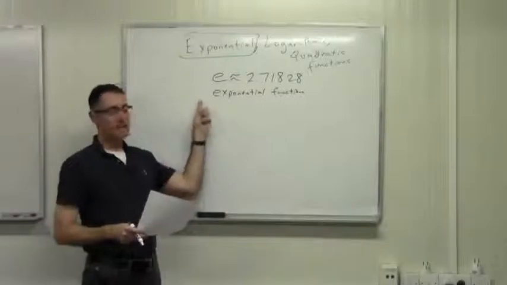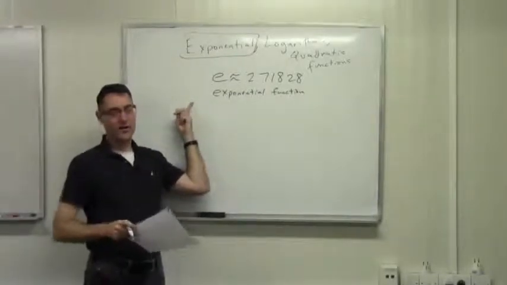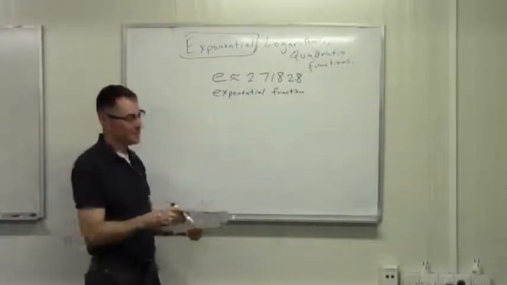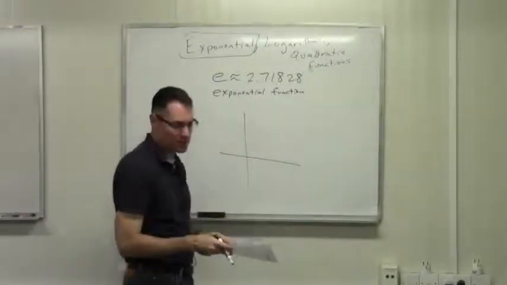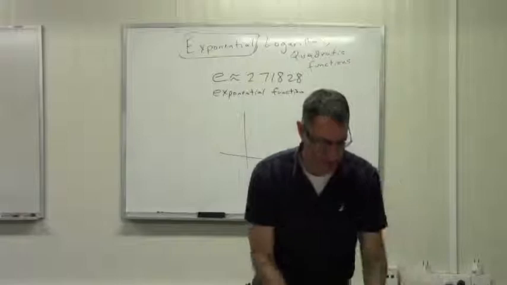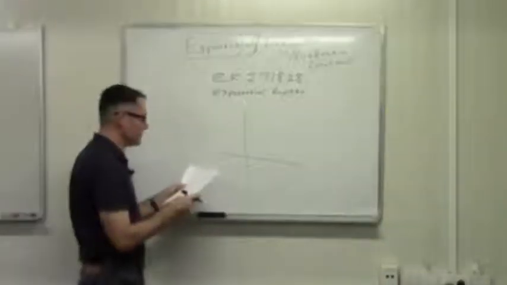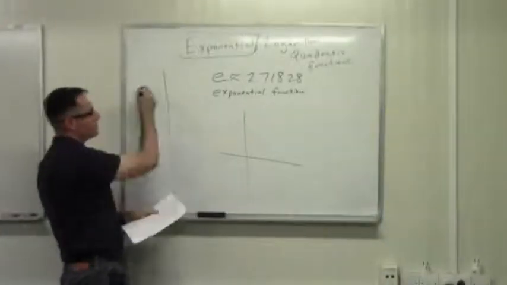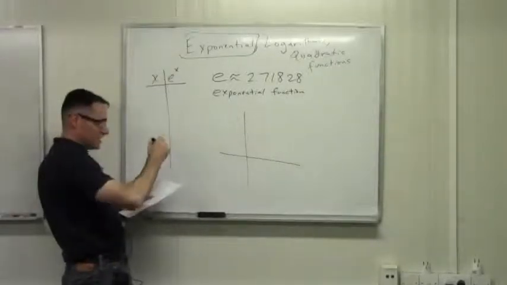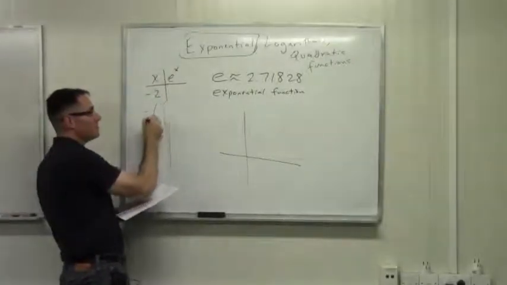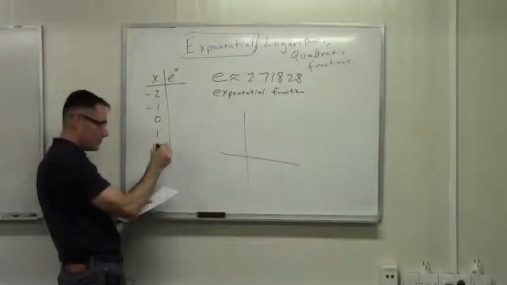What's interesting about this calculus moment here, for those of you who eventually will take calculus, if you do, the exponential function, OK, actually, I think I'll graph it right here. If you were to plug in numbers for x and e to the x, same thing we did before, -2, -1, 0, 1, and 2.